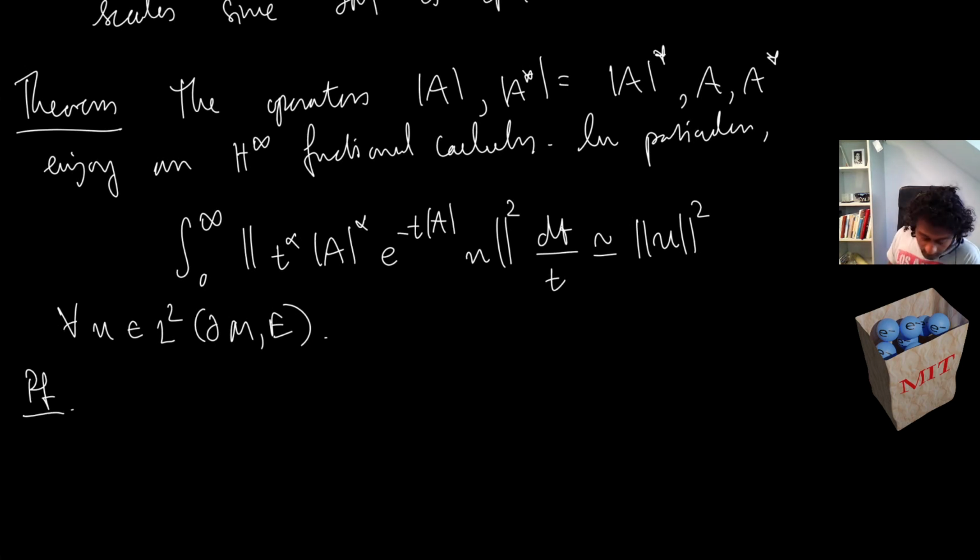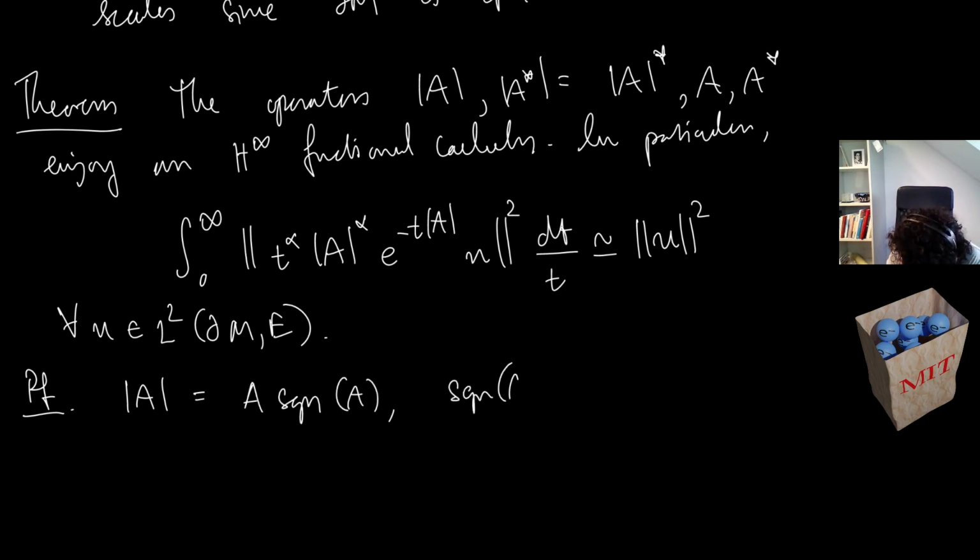So what's the proof? We've already mentioned that modulus A is the signum of A times A. And we have that signum A is equal to chi plus of A minus chi minus of A. And these we know are L2 bounded.